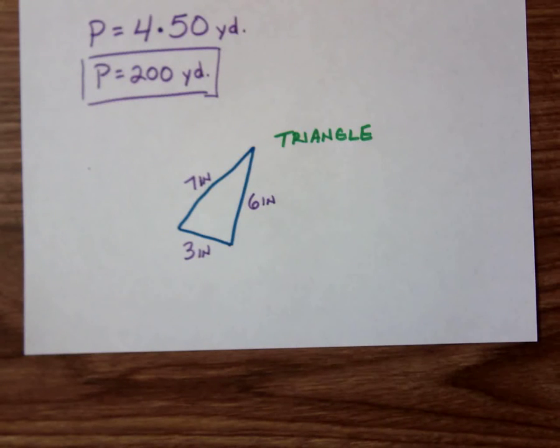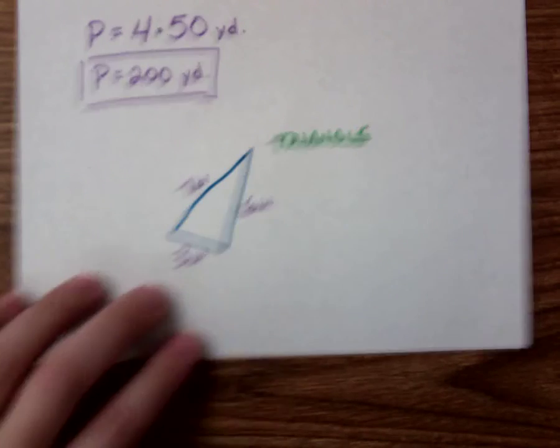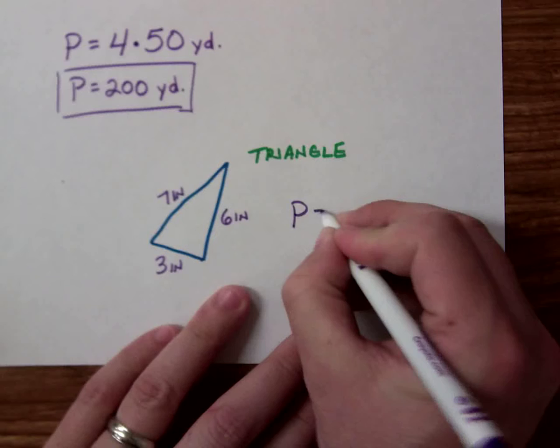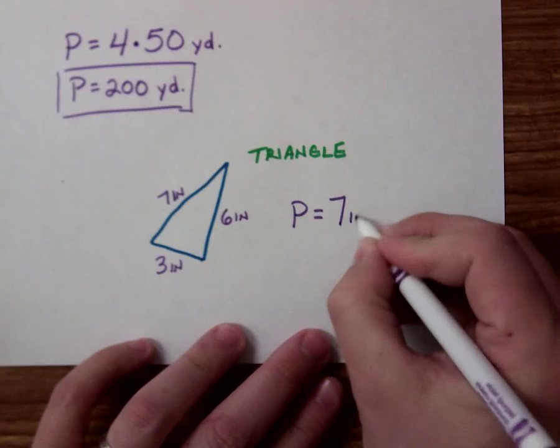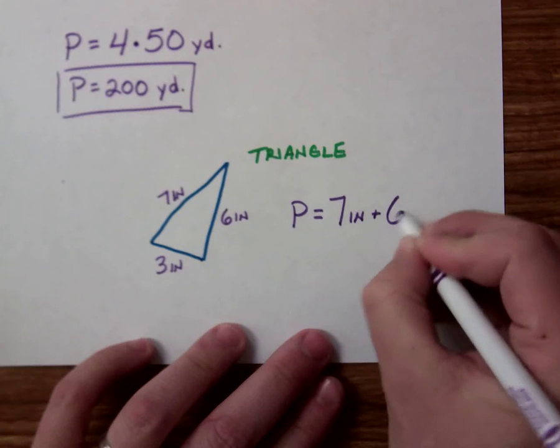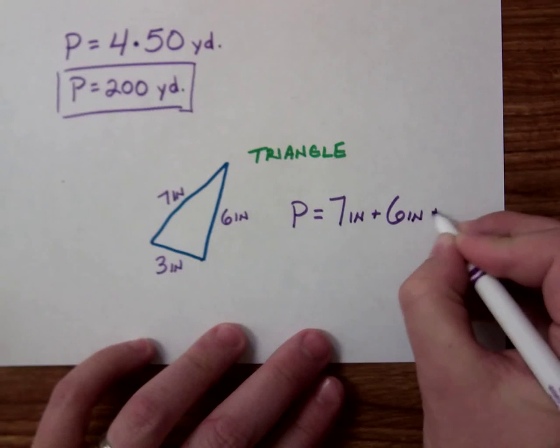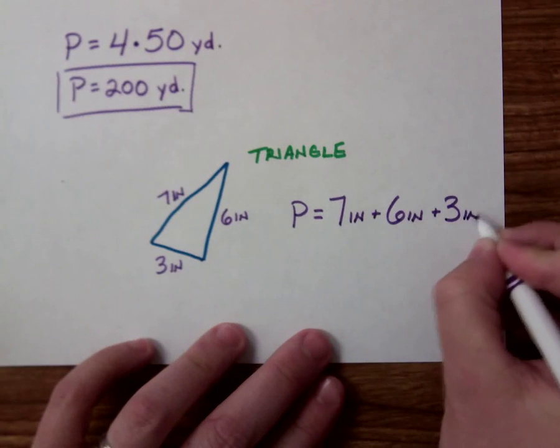Yeah, now there's only 3 sides, which means when I find the perimeter, I'm just going to add those 3 sides together. So the perimeter of this triangle is going to be 7 inches plus 6 inches plus 3 inches.